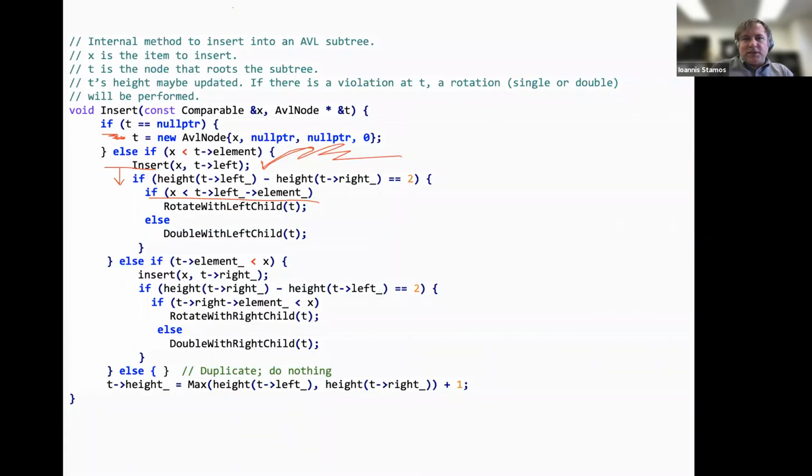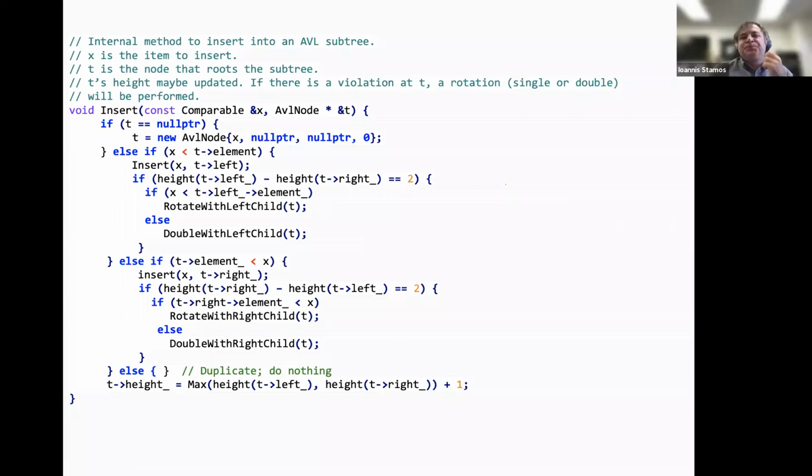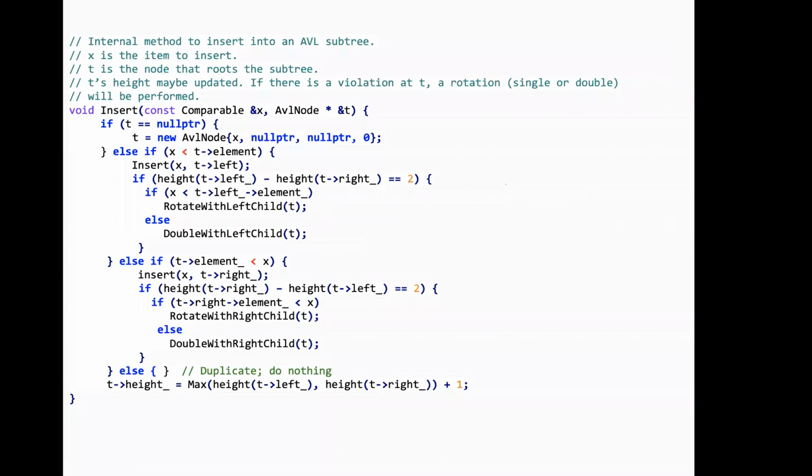You can check the code in more detail if you want, but there's a raised hand question. So could it also be -2? No, you can check for -2 if you want, but it will never be -2 over there.